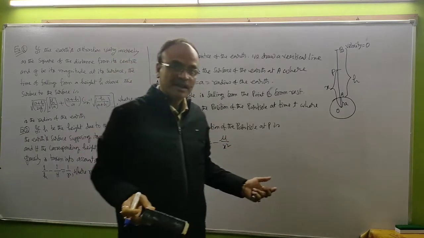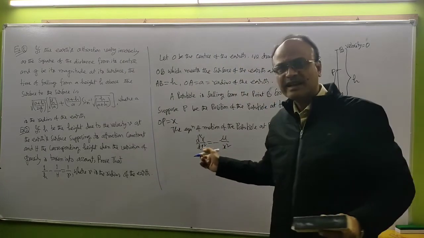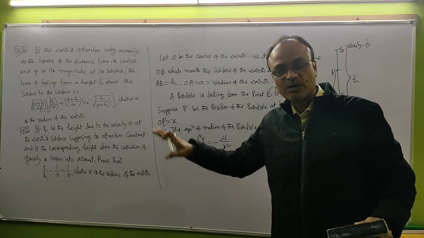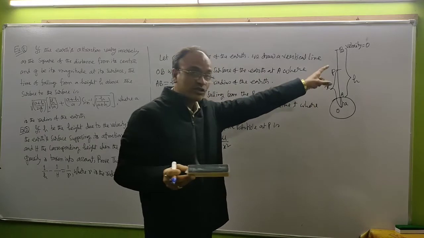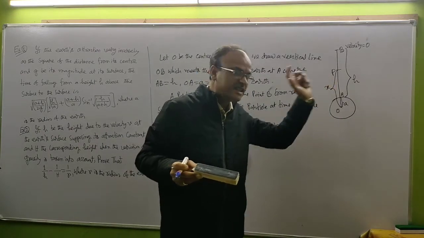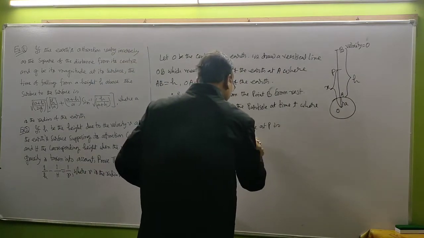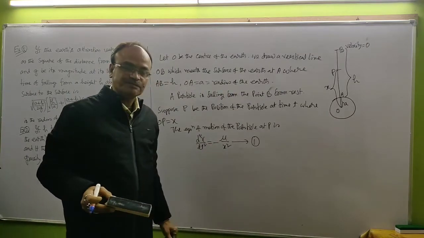The negative sign has been taken because the particle is moving in the direction of x decreasing. The particle is attracted towards O. Suppose this is number 1. The equation of motion of the particle at P is this.